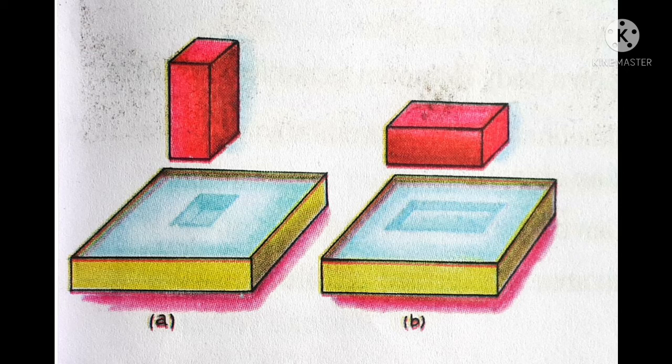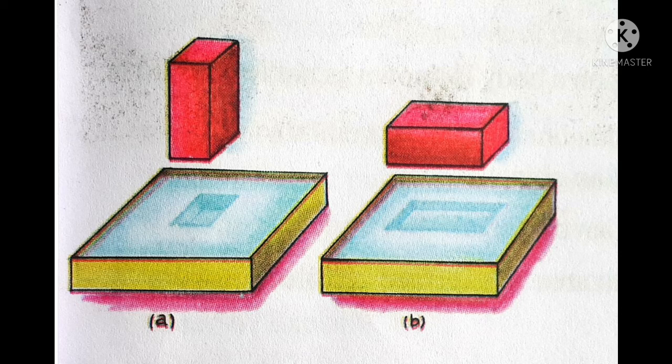If not, why? You may notice that the brick standing vertically sinks deeper in lime powder than the brick lying horizontally. Since the masses of both bricks are similar, the force applied on the lime powder by them is the same in both trays.